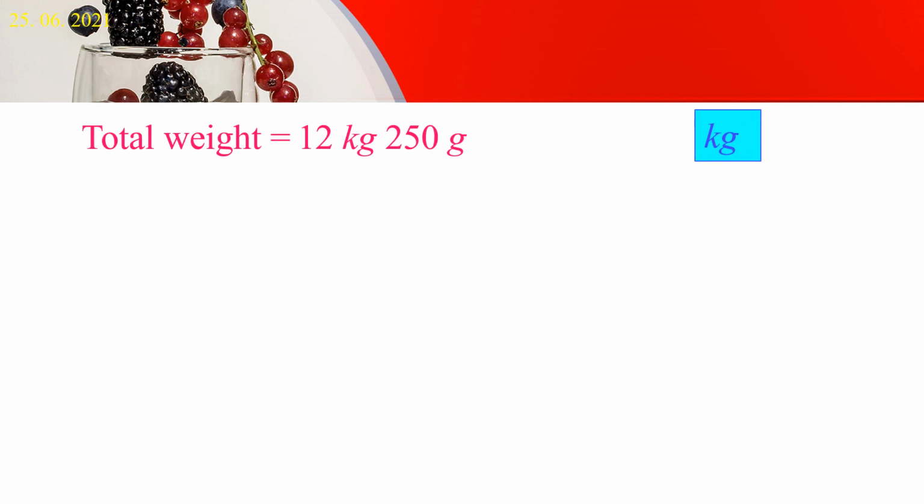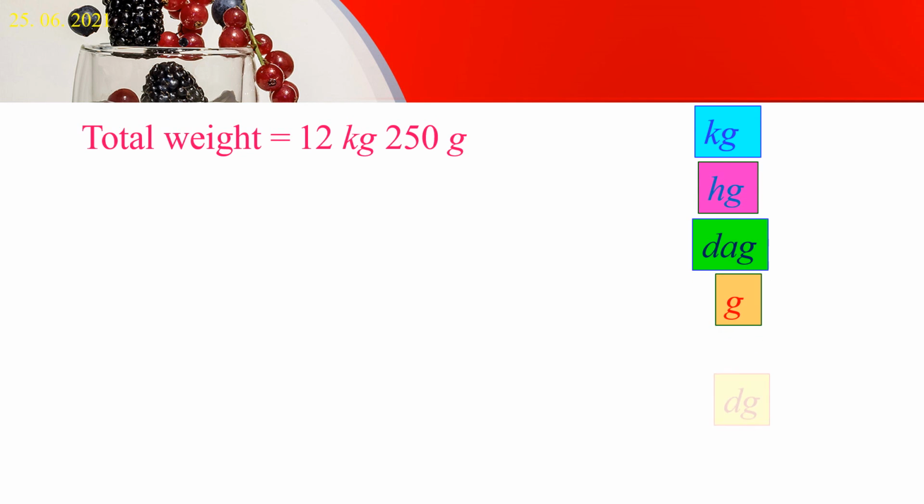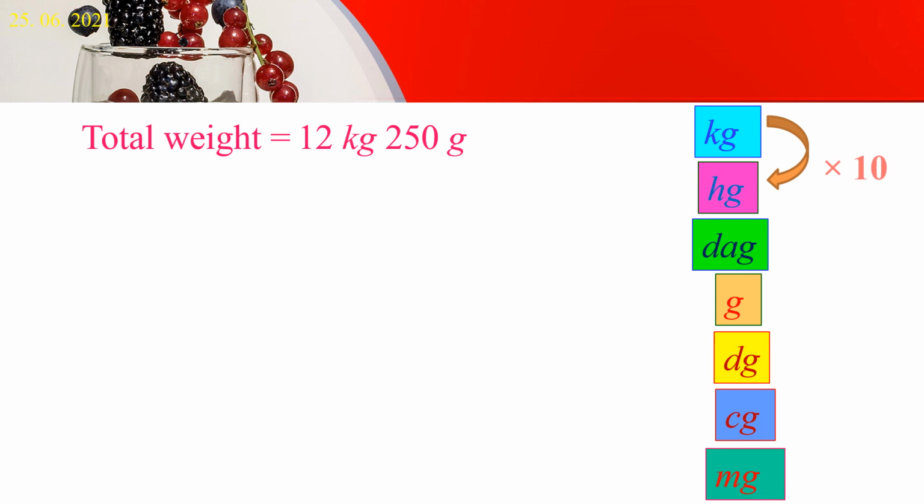We know the arrangement of units: kg, hg, dag, g, dg, cg, mg. Now we have to convert kilogram to gram. So for each step we have to multiply by 10. From kg to hg, we have moved one step, multiplied by 10.